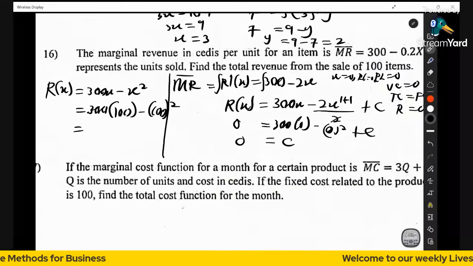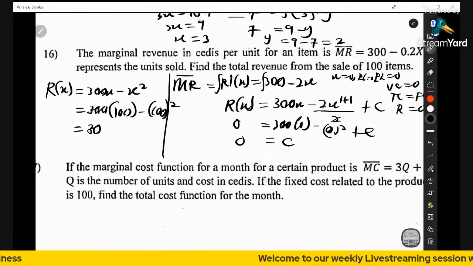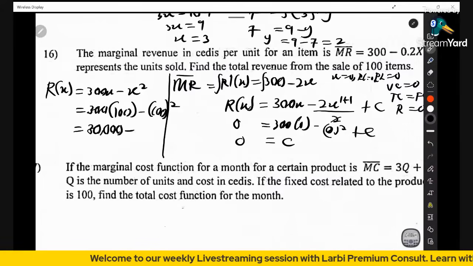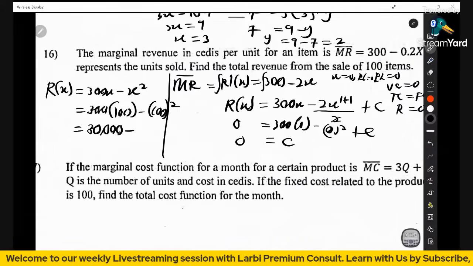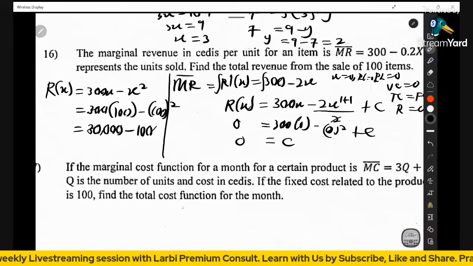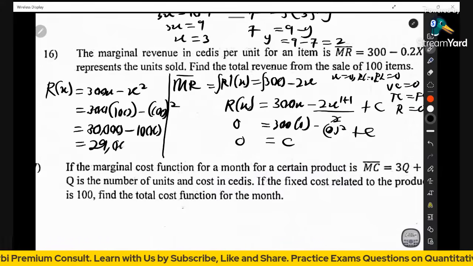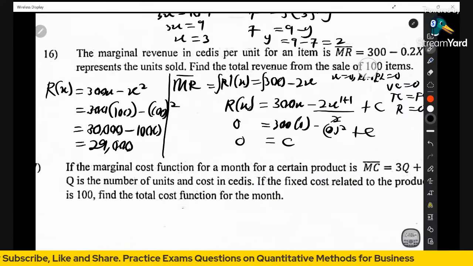Here you should be able to get 30,000. Then minus here, you should be able to get 10,000. When you take the difference between the two, you should be able to get 29,000. So that means the total revenue of 100 items will fetch us 29,000.